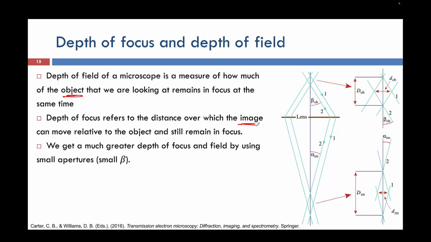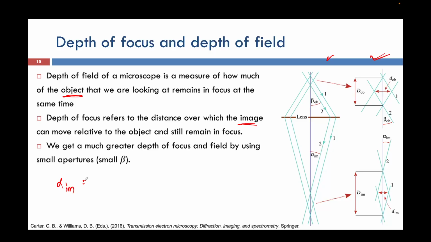If we take the geometric calculation using these two images which have been magnified here, then if I am talking about alpha im on the image side, this alpha angle will be very small. Why will this be very small?